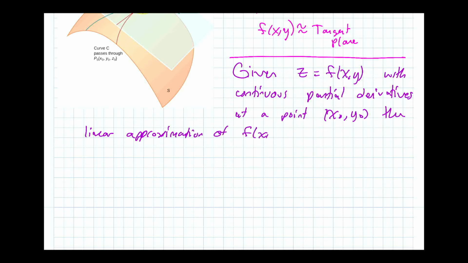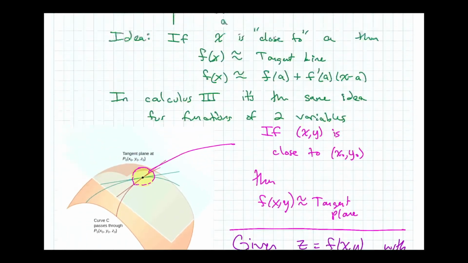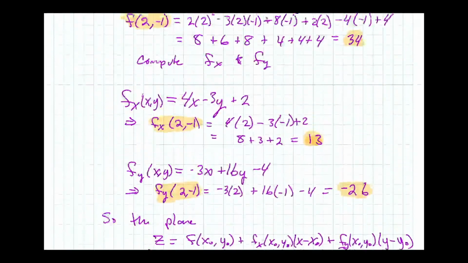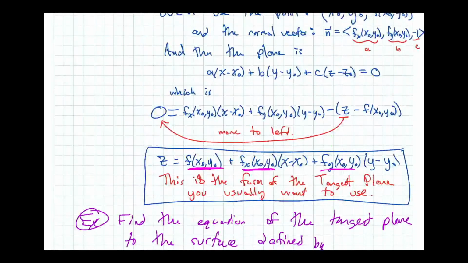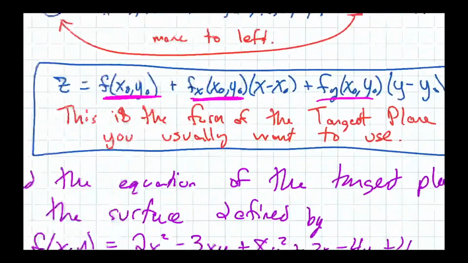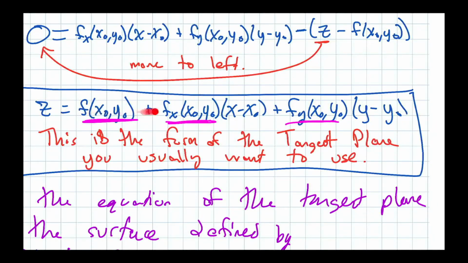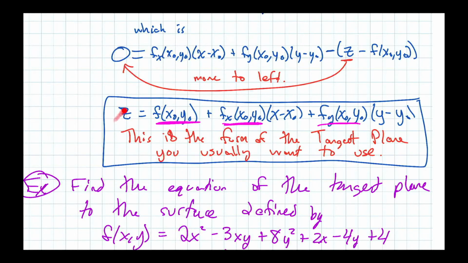of f of x, y at x0, y0 is, we call it L of x comma y, and it's just going to be the equation of the tangent plane again. So let's look at the tangent plane just to remind us what it looked like. Okay, here it is. So this is the equation of the tangent plane right here. And what we're going to do is say, instead of calling it z, we're just going to call it L of x, y. But the actual part for the plane, we're just going to leave exactly the way it is here.